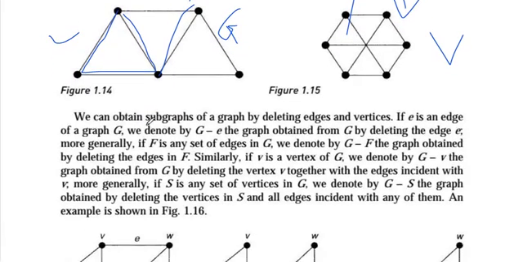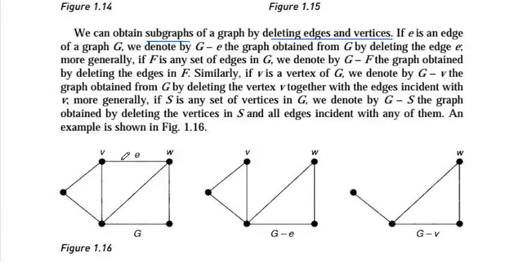You can also obtain a subgraph by deleting edges and vertices. We have already seen that if we delete these edges, we obtain this graph. So this graph is also a subgraph of this. And if we remove edges, it's called a G minus E graph.